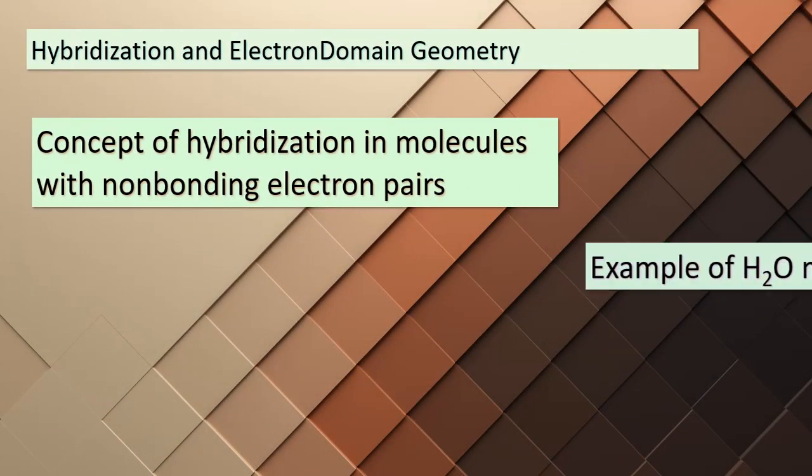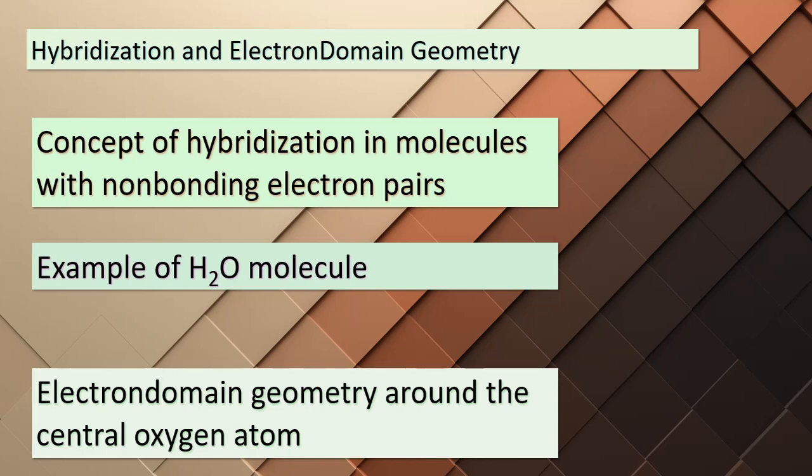Welcome back, dear students. Today, we're delving into the intriguing concept of hybridization, which plays a crucial role in understanding the bonding within molecules containing non-bonding pairs of electrons. Let's take a specific example to better grasp this concept. In the water molecule, H2O, the electron domain geometry around the central oxygen atom is roughly tetrahedral, as depicted in Figure 9.18. Now, here's where hybridization comes into play.